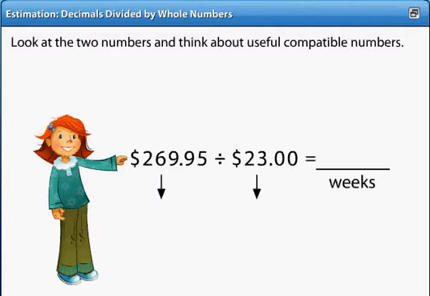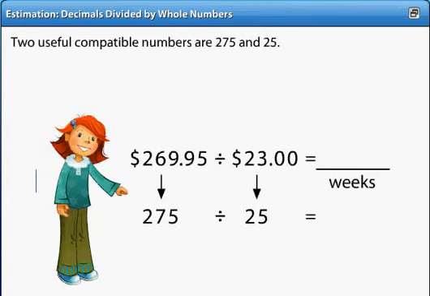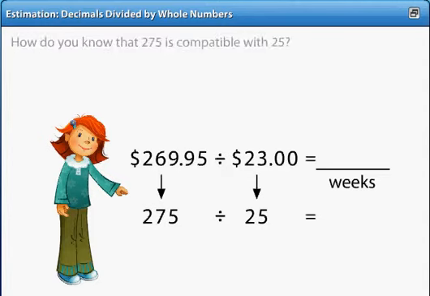Then you would want to change this to, I guess the only one would be 270 would work, because 3 goes into 27, or 300, of course, would work. Two useful compatible numbers are 275 and 25. Those are the ones I use, but again, it doesn't really matter. Just watch what's going to happen.